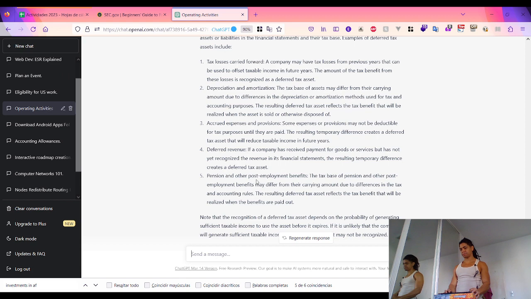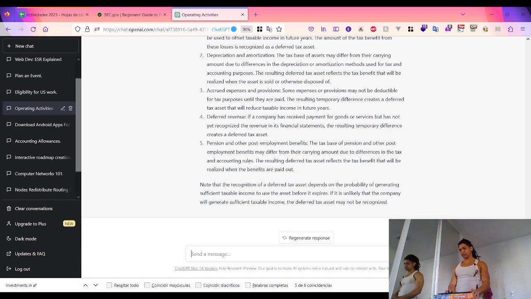The resulting deferred tax assets reflect the tax benefit that will be realized when the benefits are paid out. Note that the recognition of the deferred tax assets depends on the probability of generating sufficient taxable income to use the assets before they expire. If it is unlikely that the company will generate sufficient taxable income, the deferred tax asset may not be recognized.